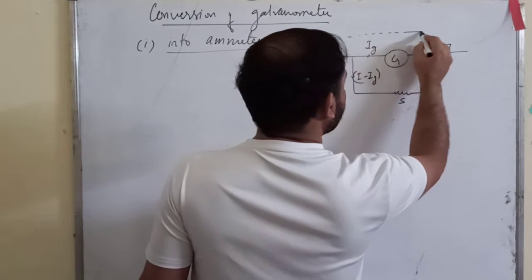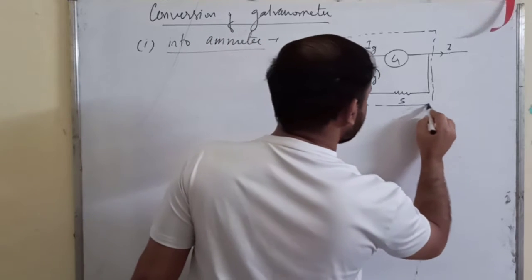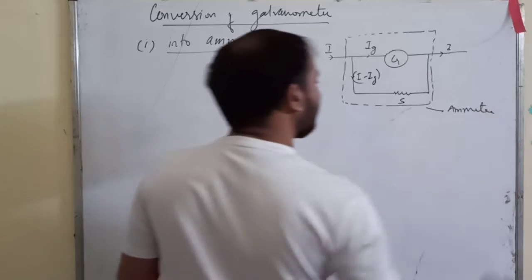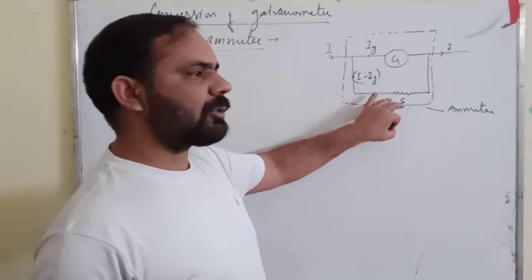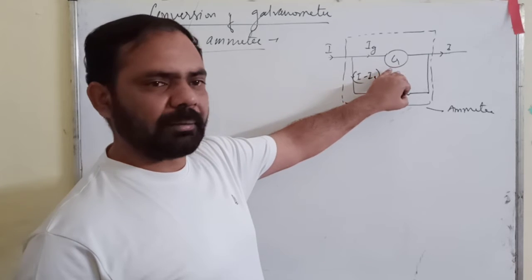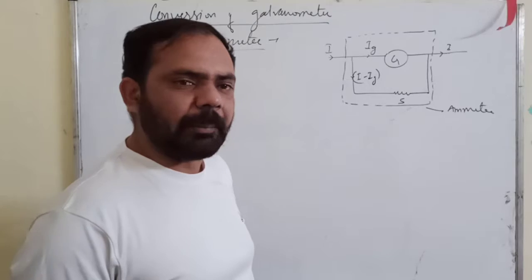This arrangement is called as ammeter. A small resistance called as shunt resistance is connected parallel to the galvanometer, right? And this arrangement is called as ammeter.